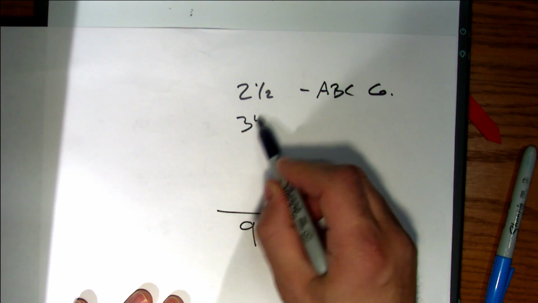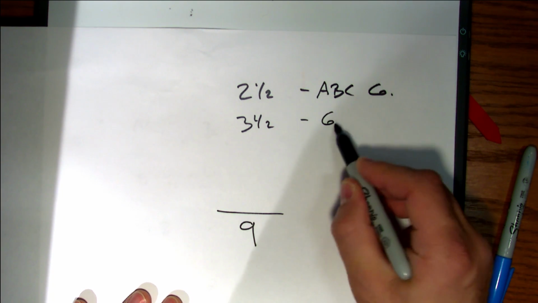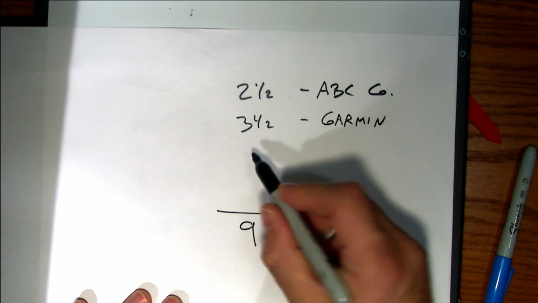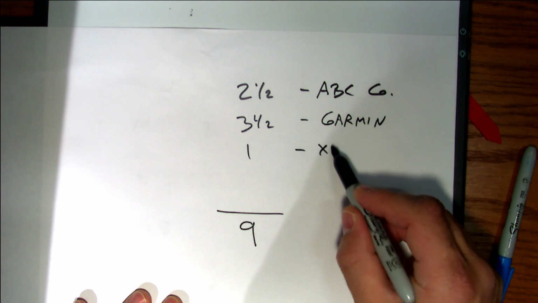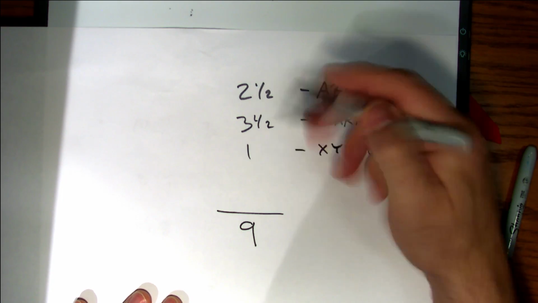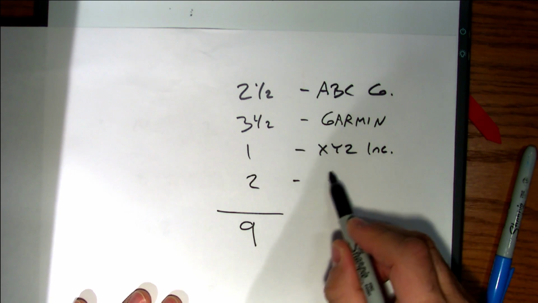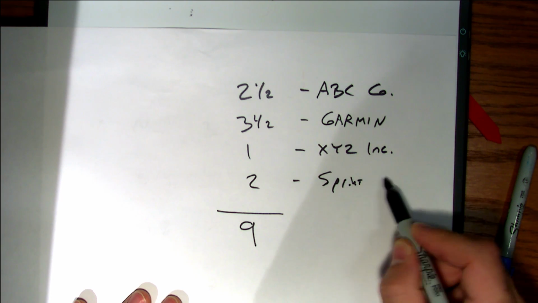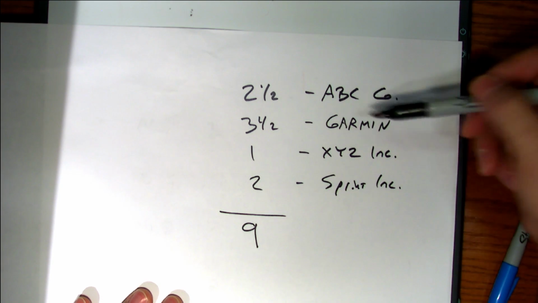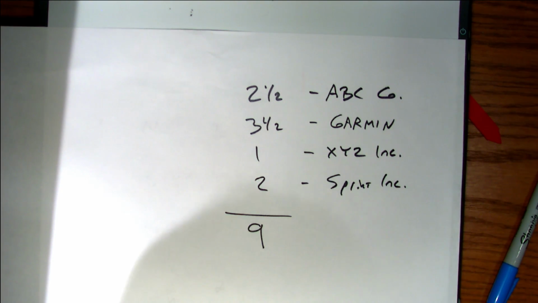And for 3.5 hours, I worked on our client Garmin. For 1 hour, I worked on XYZ Inc. client. And what are we up to here? 6, 7. And then for 2 hours, I worked on Sprint. And then they would charge my time accordingly to those clients.